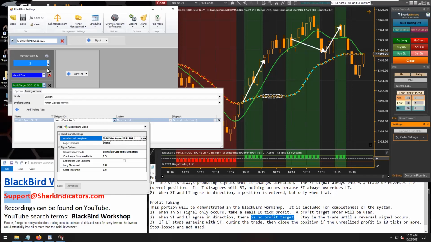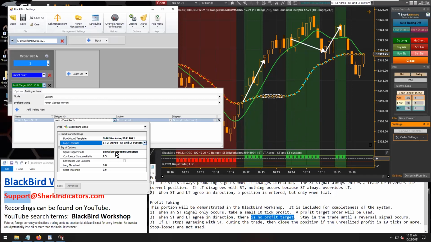So for our BloodHound template, there is the workshop file. That's the file that we loaded into the signal source up top there. We're using the same BloodHound file. And for the logic template, we want this short-term and long-term agree logic template here. That logic template is what we're looking at on the chart right now.